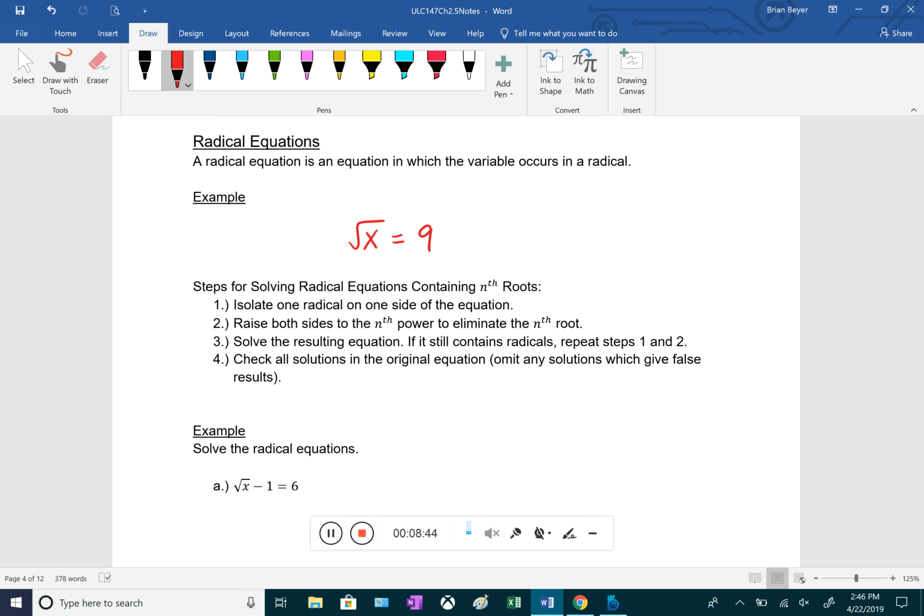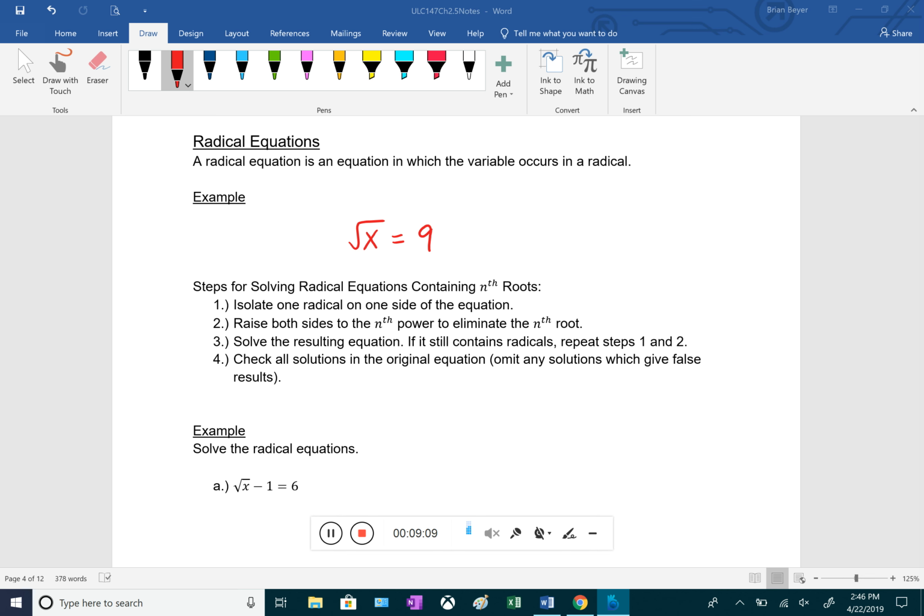So we're going to isolate the radical on one side of the equation and raise both sides to the nth power. That'll cancel the nth root. So if we have a square root, we're going to solve for the square root, and we're going to square both sides of the equation. That will cancel the square root on one side. And we will solve the resulting equation.